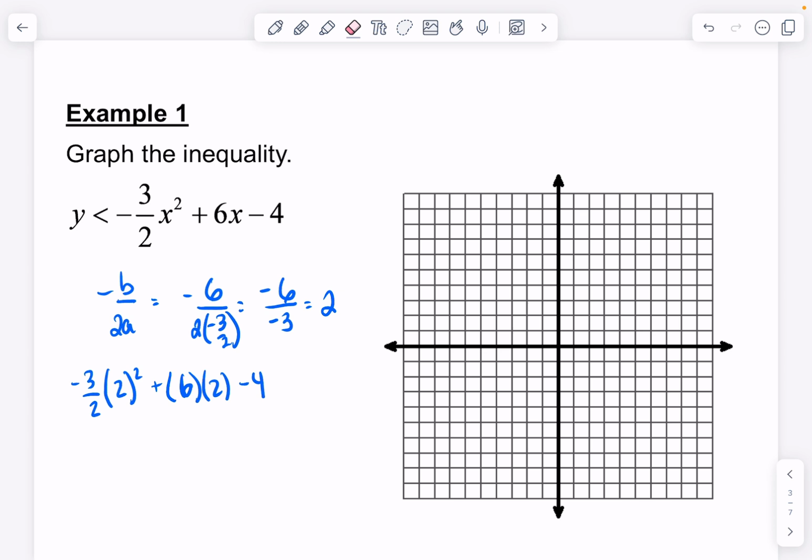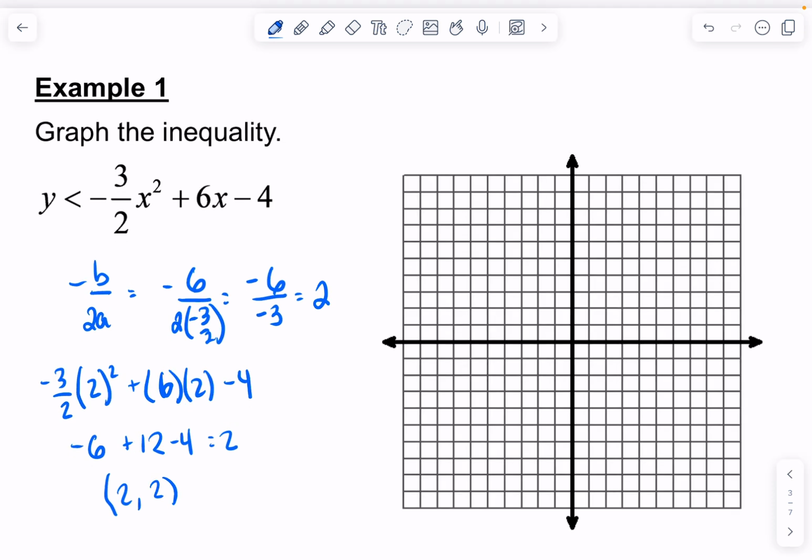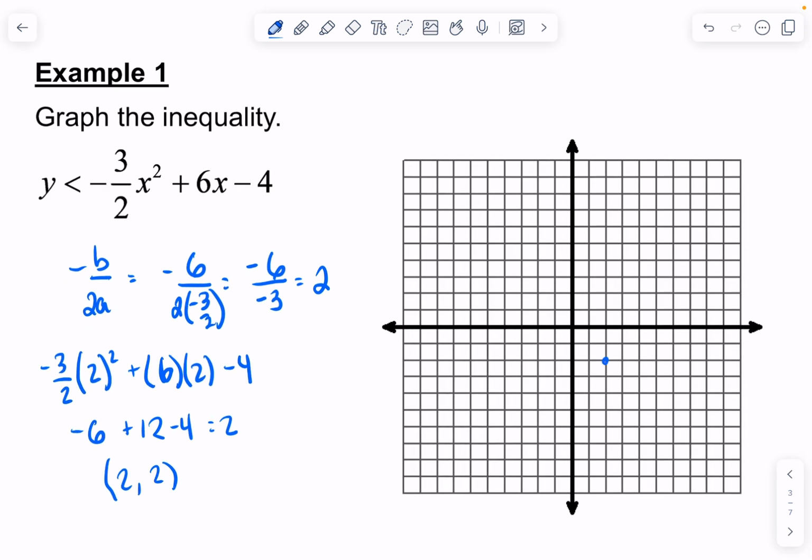Well, the 4 and the 2 cancel, so I get negative 6 plus 12 minus 4. That's going to be the point 2. So my vertex is 2, 2.